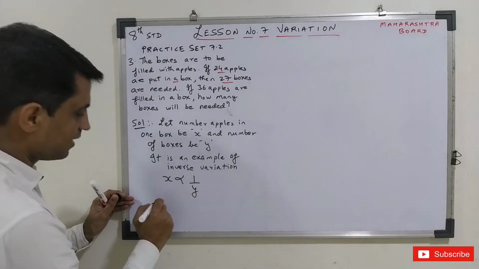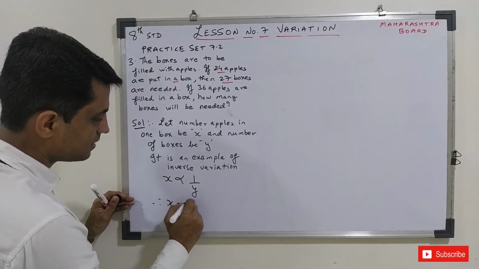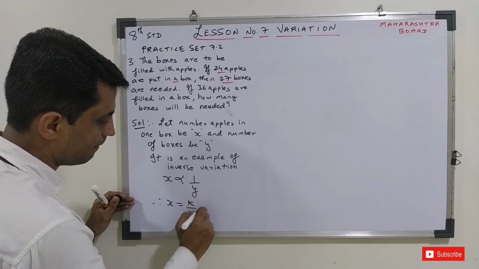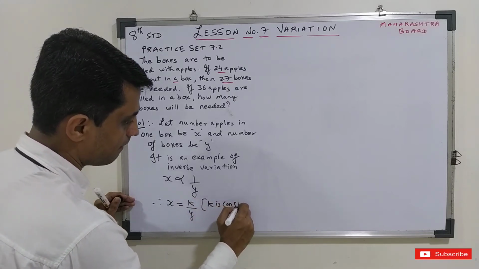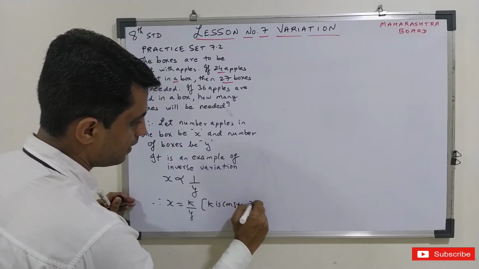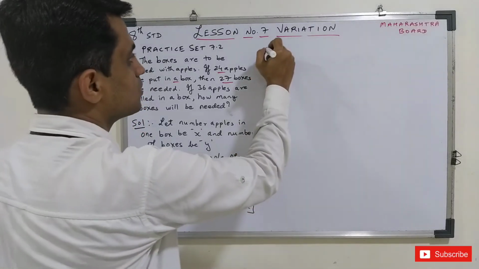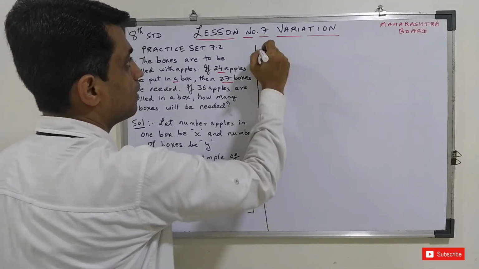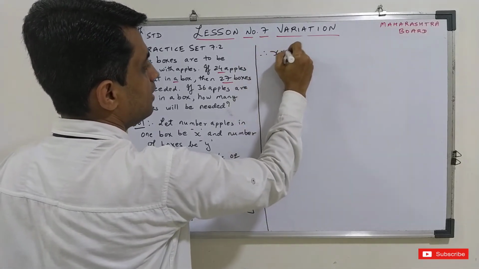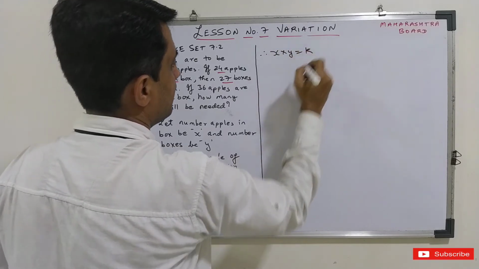Then we get x is equal to k upon y, where k is constant. Therefore x into y is equal to k.